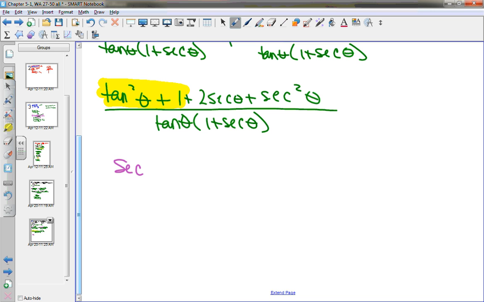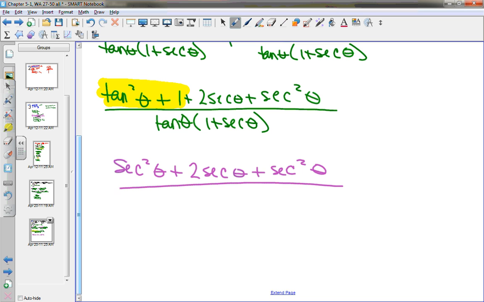It is secant squared of theta. Okay. This is a like term to this. It is not a like term to the 2 secant of theta. Why is it not a like term to the 2 secant of theta? Because it's not squared.